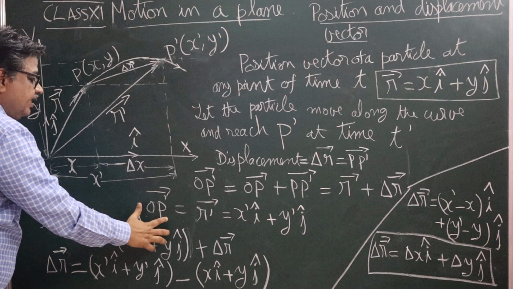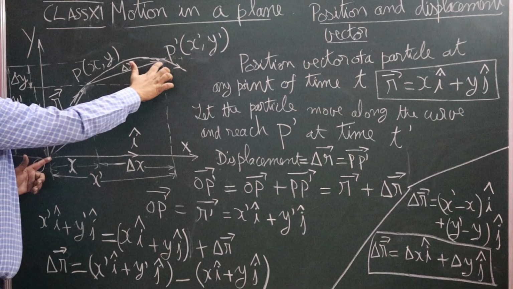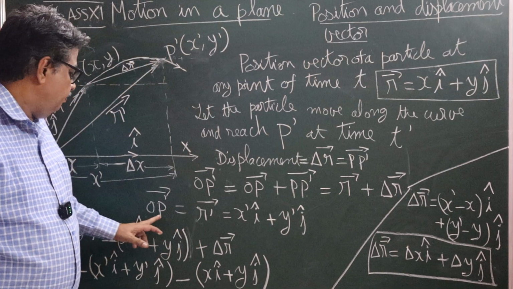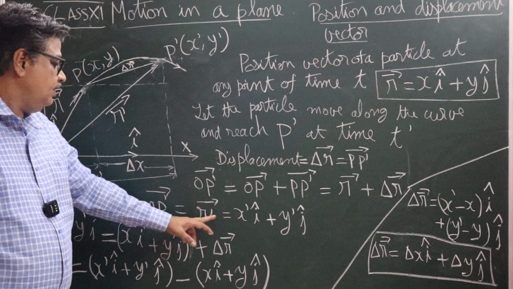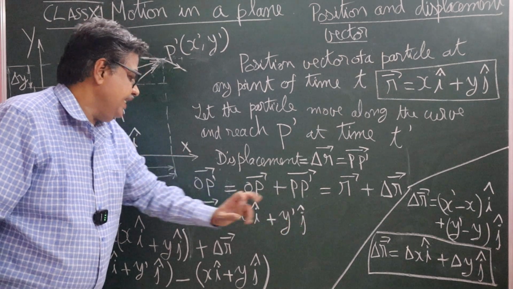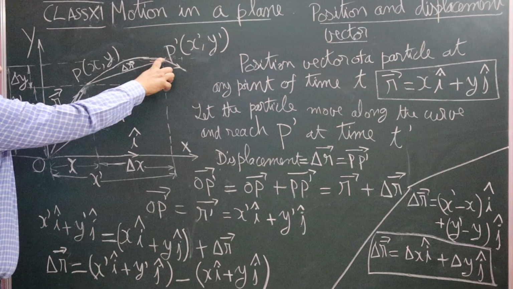Therefore, OP dash vector equals r dash vector, which is x dash I cap plus y dash j cap, because x dash is the coordinate of point P dash.